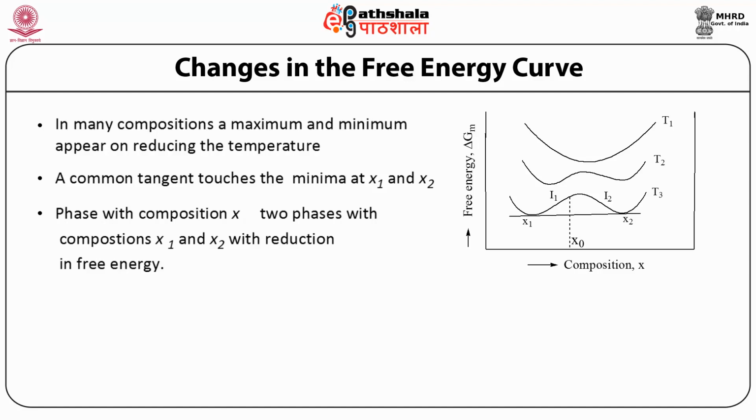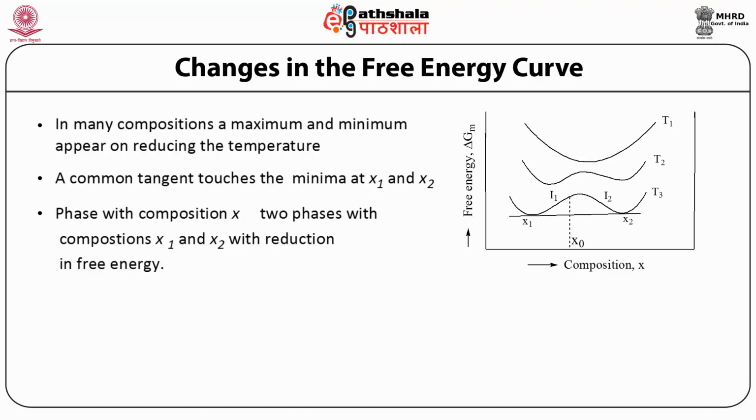Neglecting higher order terms as the composition fluctuation, x minus x naught, is very small, and substituting G minus G naught equals delta G, we get the probability of a small fluctuation involving n atoms, which is given as F equals A times exponential of minus n into (x minus x naught) whole square into d square G by dx square, complete, divided by 2kT.